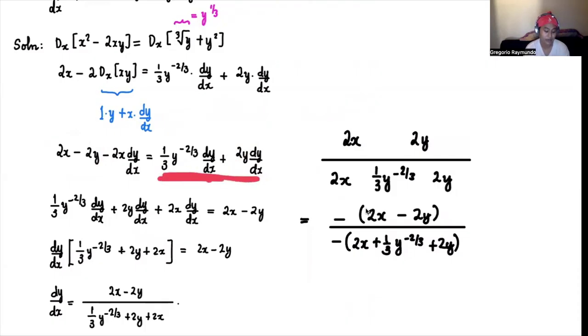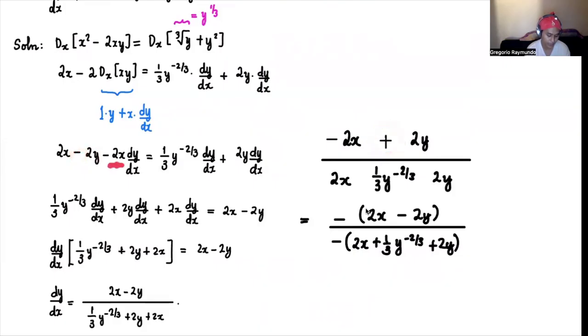Ganon din sa mga may dy over dx. So let's start here, 2x. Ang 2x ba nandito na sa right-hand side? Wala. So, this would be negative. How about negative 2y? Wala rin sa right-hand side. So, we use positive.